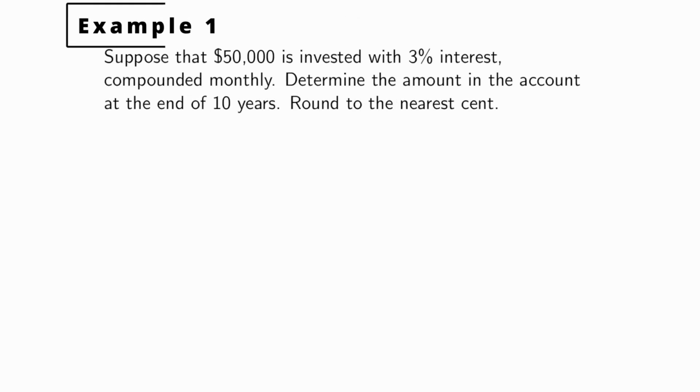Example 1. Suppose that $50,000 is invested with 3% interest, compounded monthly. Determine the amount in the account at the end of 10 years, rounded to the nearest cent. It's very important that when you start writing this down, your principal, the amount you're investing, is $50,000. Your interest rate, now it's important you don't write down r equals 3.